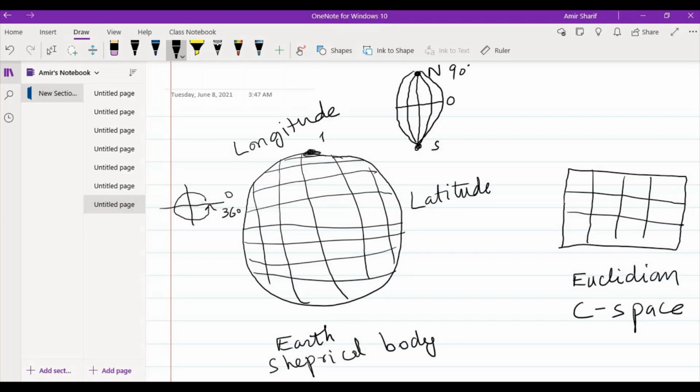This discontinuity is not present in our Euclidean spaces. For example, here the values keep increasing 1, 2, 3, 4. So after 360 there will be 361, not 0 or 1, 2, 3 again. This kind of discontinuity in the curved configuration spaces is problematic. So this is one of the disadvantages.